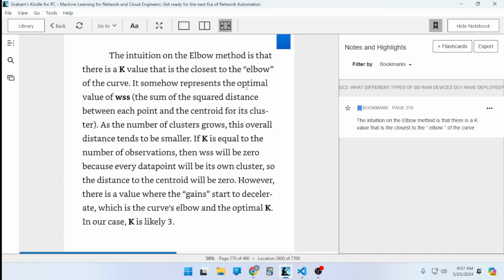If k is equal to the number of observations, then WSS will be 0 because every data point will be its own cluster, so the distance to the centroid will be 0. However, there is a value where the gains start to decelerate, which is the curve's elbow, and the optimal k. In our case, k is likely 3.